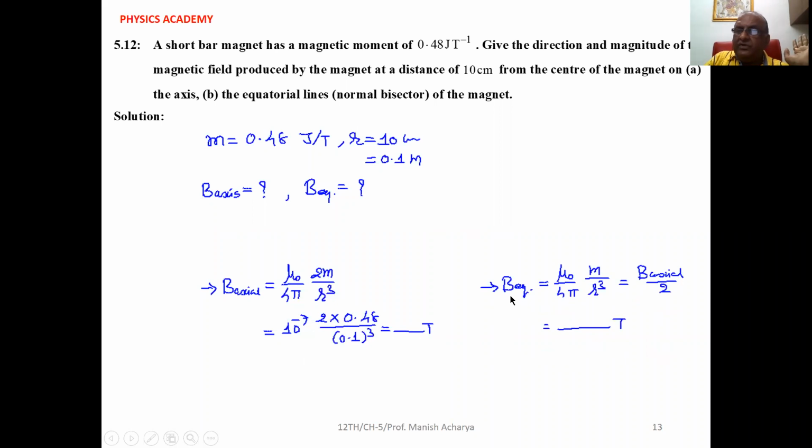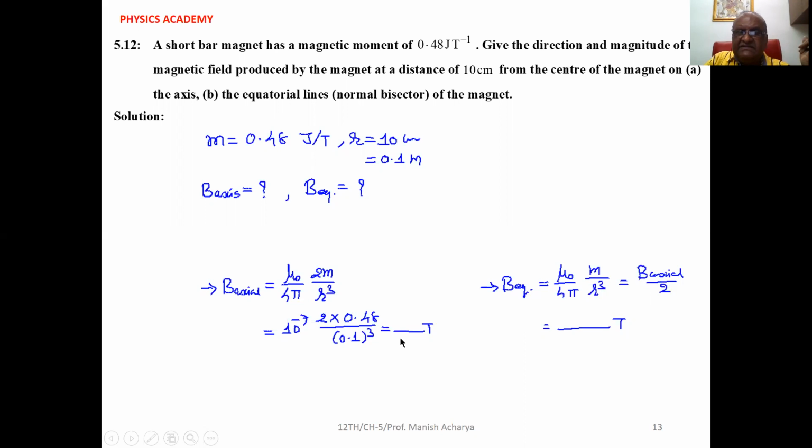Now equatorial. So B equatorial is mu 0 upon 4 pi times m upon r cube. So if the position of the point is the same on the axis as well as on the equator, means r is the same, then we can see B equatorial is half of B axial.